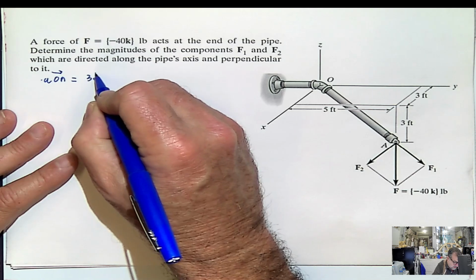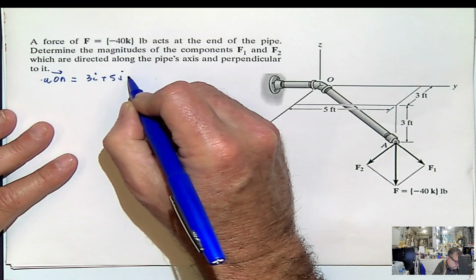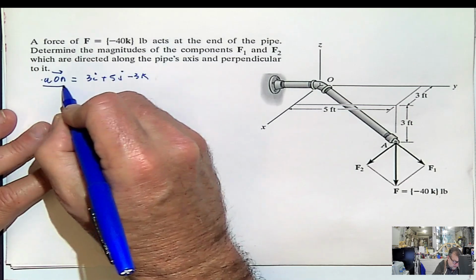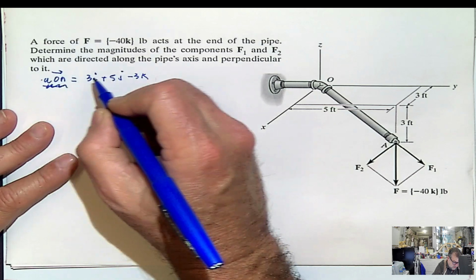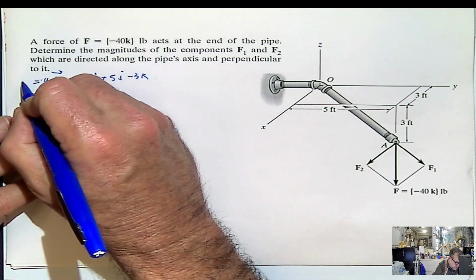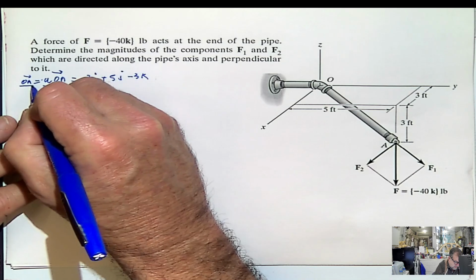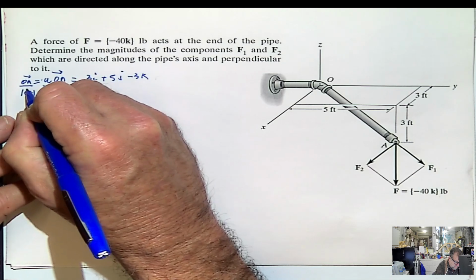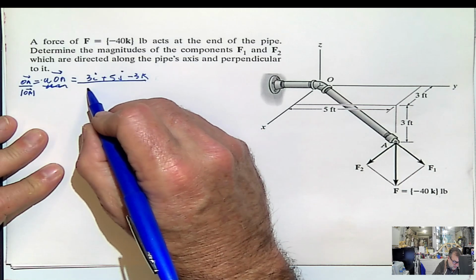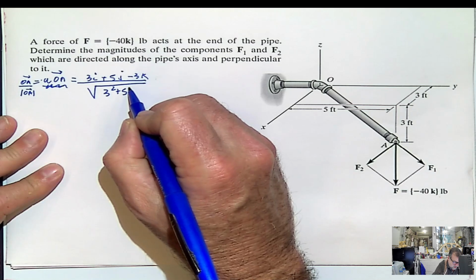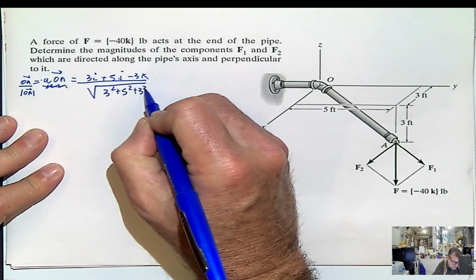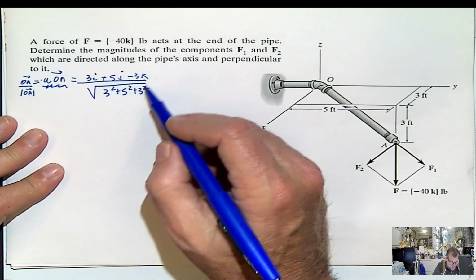So 3i plus 5j minus 3k, and we divide that by the magnitude of OA. The magnitude of OA is the square root of 3 squared plus 5 squared plus 3 squared, and this is the unit vector.